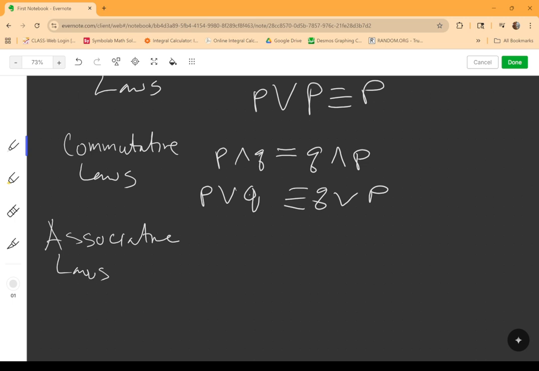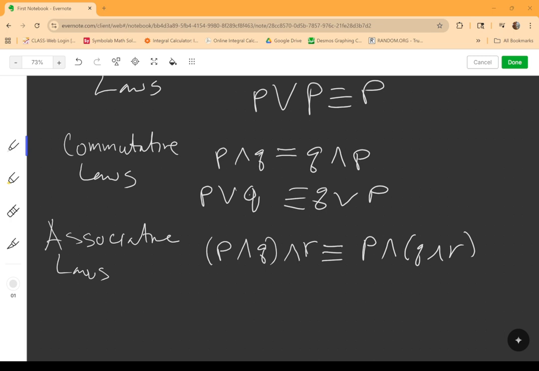Our associative laws state that P or Q, or R, is logically equivalent to P or Q, or R, grouped differently.